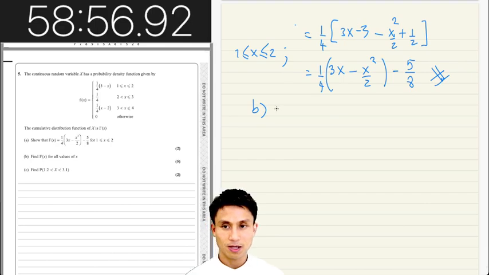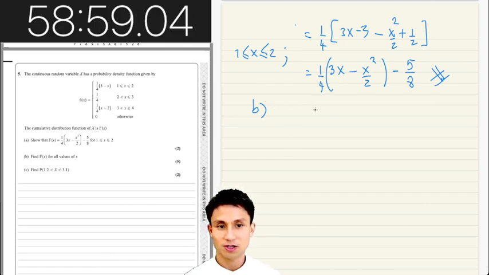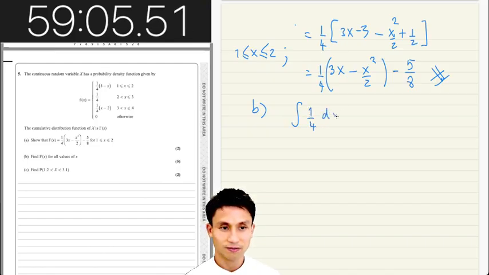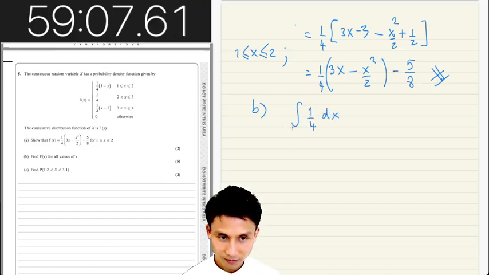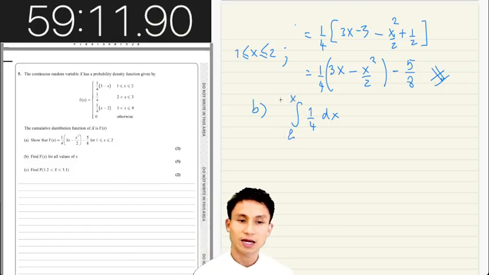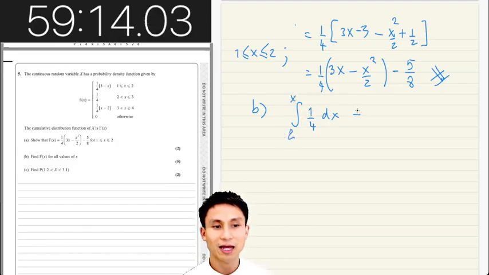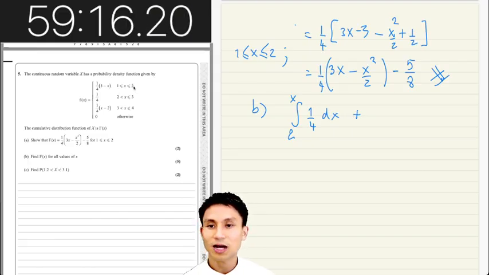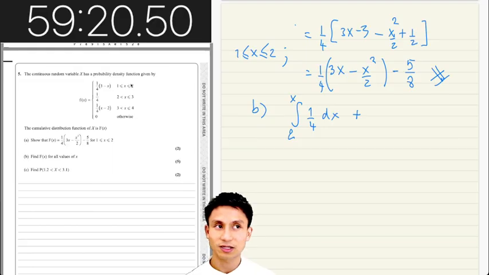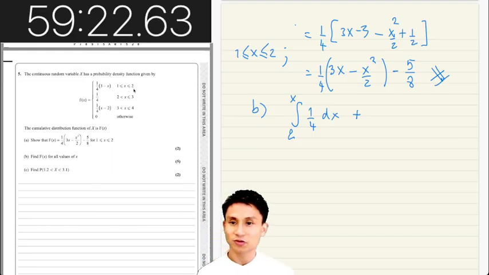Now, you've got to integrate the next function, putting the bounds as 2 and x again, yeah? But then you've got to add the value from the previous cumulative value.